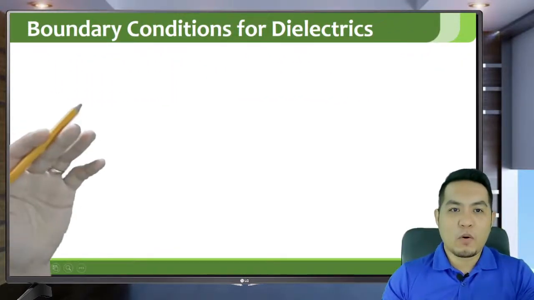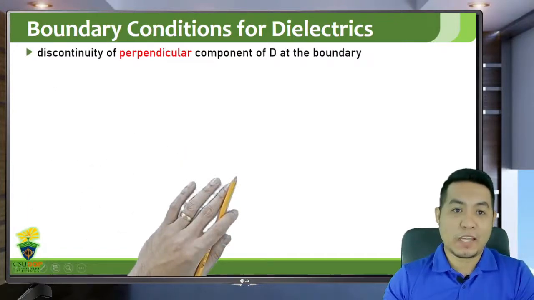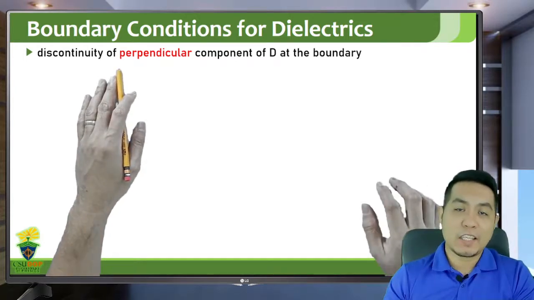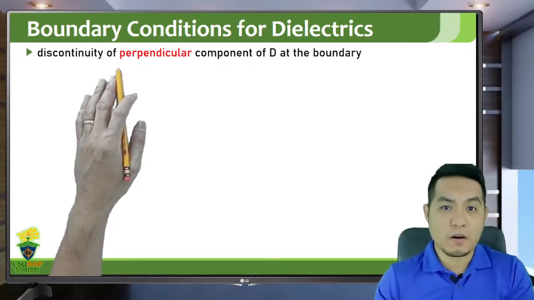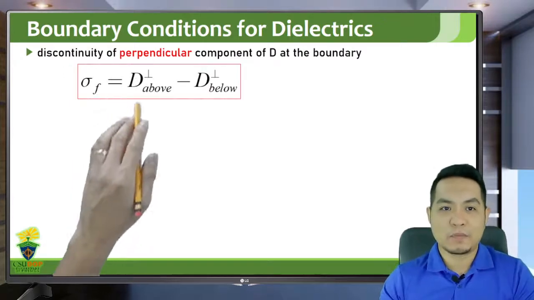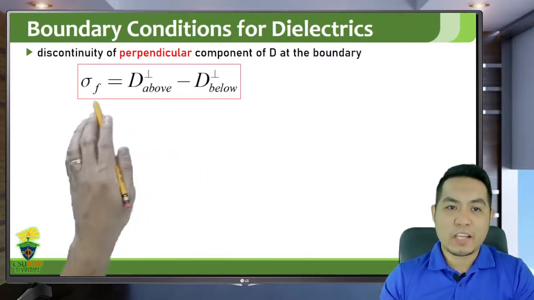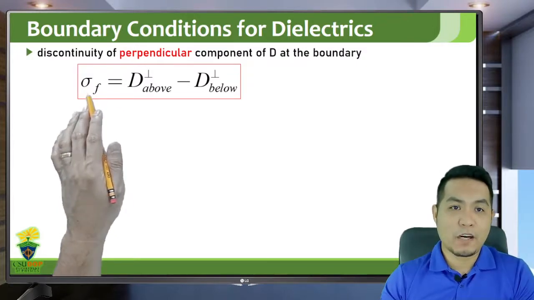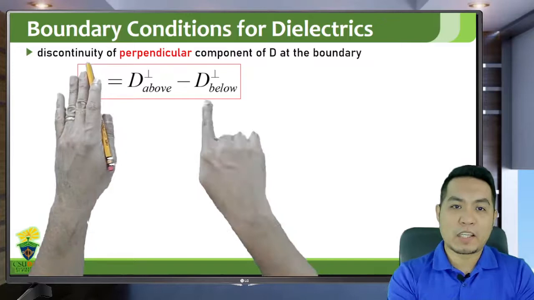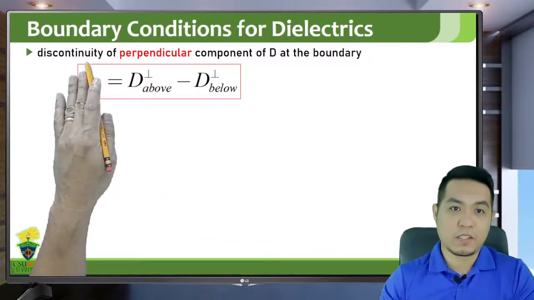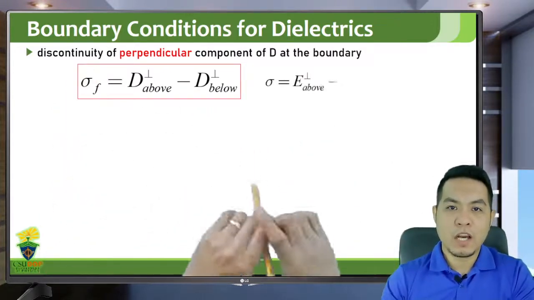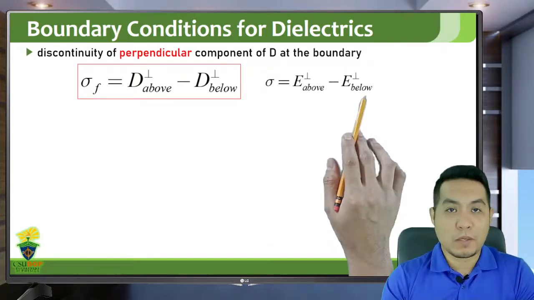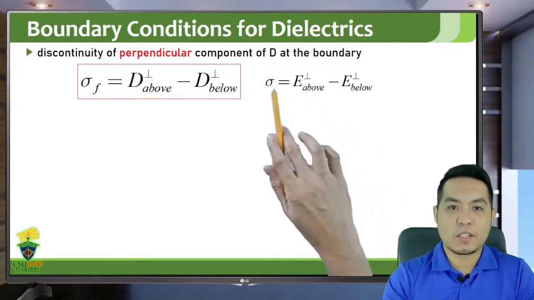So these will now be the boundary conditions for dielectrics. Similar to the electric field, there will be a discontinuity in the perpendicular component of the electric displacement at the boundary. And the discontinuity is due to the free charges at the boundary. Again, if there are no free charges at the boundary, the perpendicular component of the electric displacement is continuous. If you compare it with the electric field boundary condition, it's discontinuous.